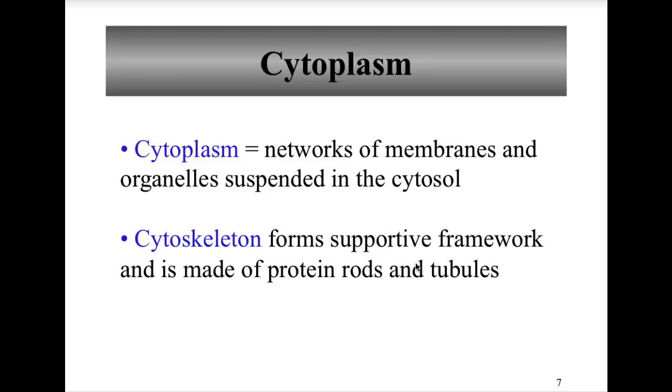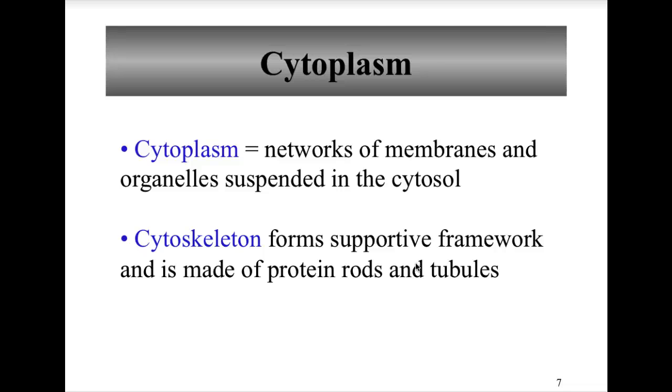The cytoplasm is a network of membranes and organelles suspended within the cytosol. The cytoplasm also has that cytoskeleton, which forms the supportive framework, and it's made up of protein rods and tubules.